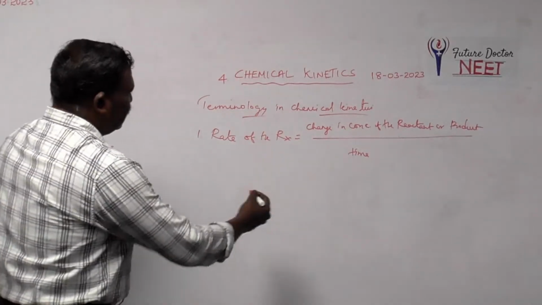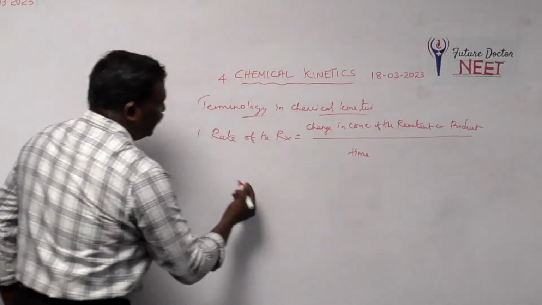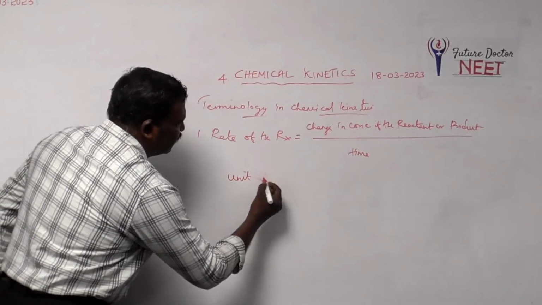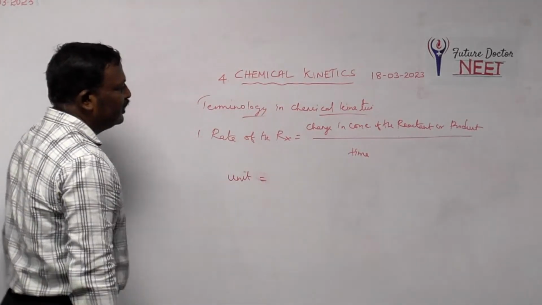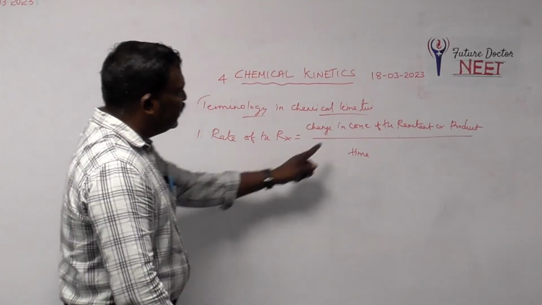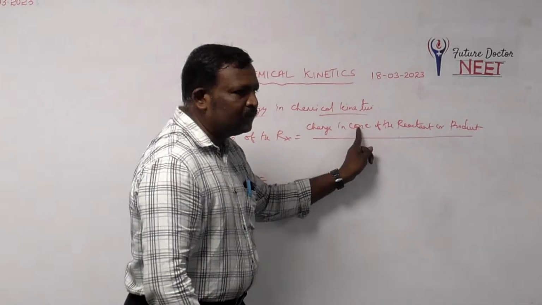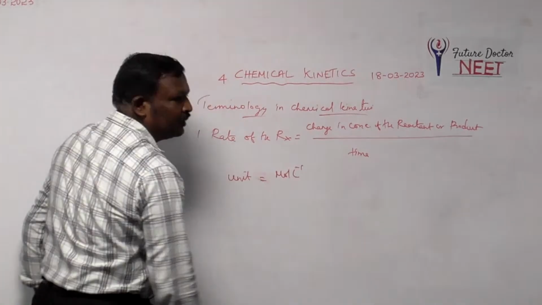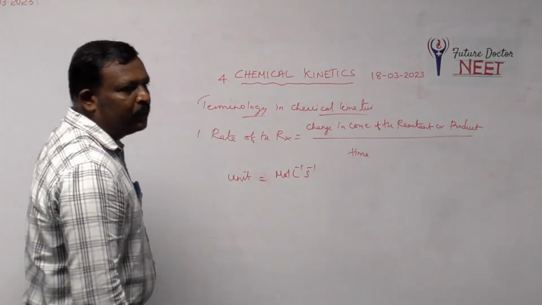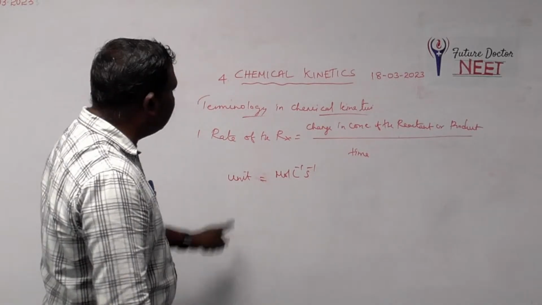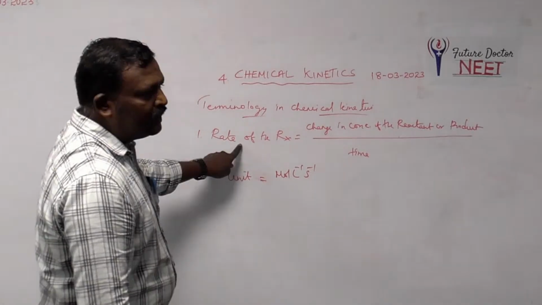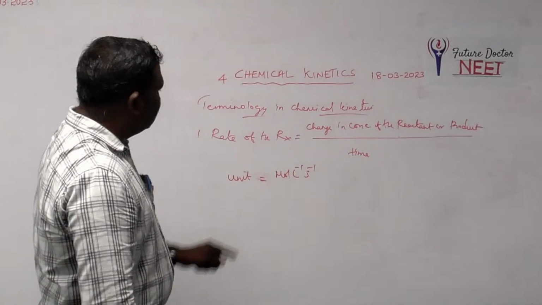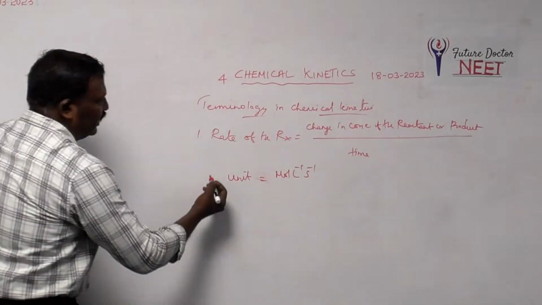Then what is the unit of rate of reaction? Concentration means mole per liter. Time means second. So mole per liter per second is the unit of rate of reaction. Understood? Now mathematically, let's give an example: H2 + Cl2 → 2HCl, a simple reaction.